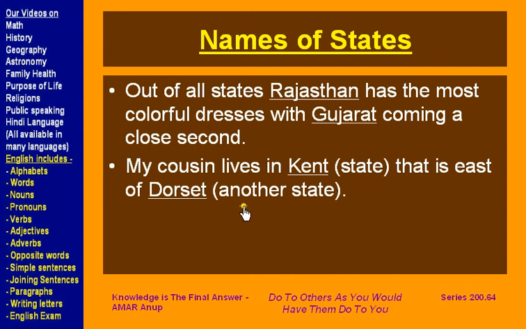Another example, my cousin lives in Kent. Kent is the name of a state in England that is east of Dorset. Dorset is the name of another state in England. So K in Kent is capitalized and D in Dorset is capitalized.